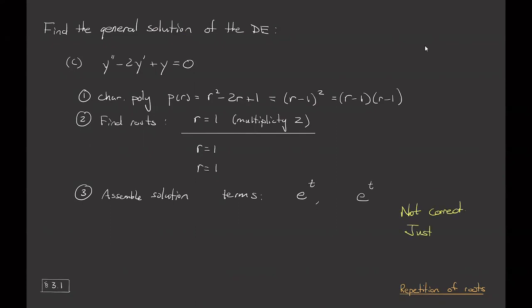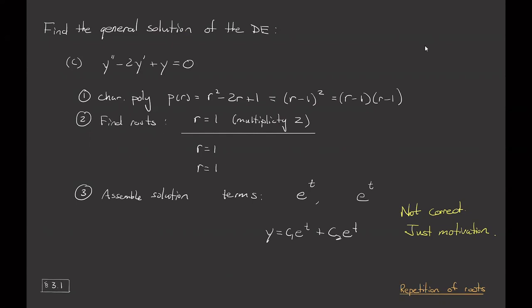Just motivation. We're trying to motivate why we would do this multiply by t. If we took y equals c1 e to the t plus c2 e to the t.